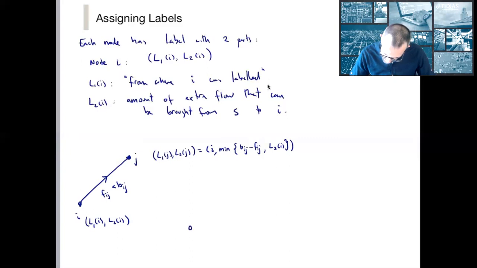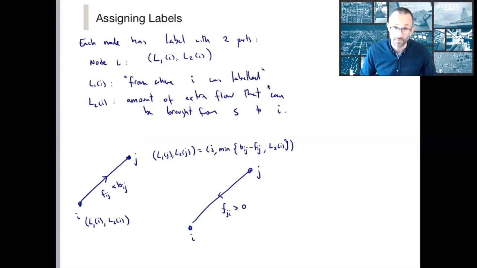So the other possibility is that, again, I with the same label now has a backward edge, and this Fji is positive. Note that I need a strict inequality. And now for this edge, L1 of j, L2 of j, again, it was labeled from I, but I'm just going to keep track of the fact that it was labeled in a backward direction.